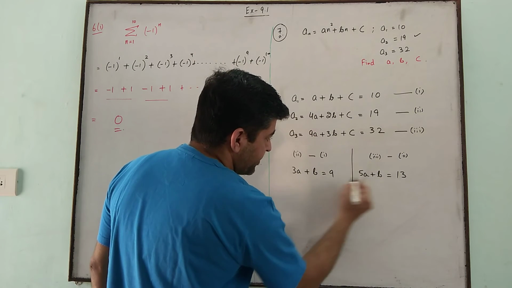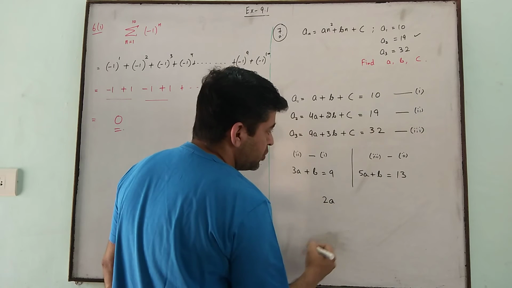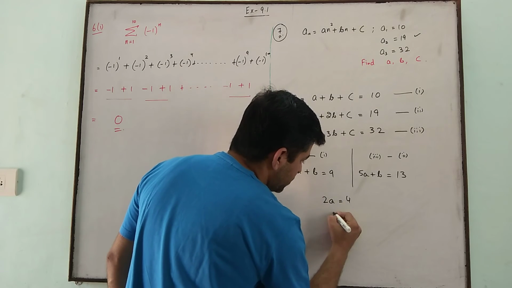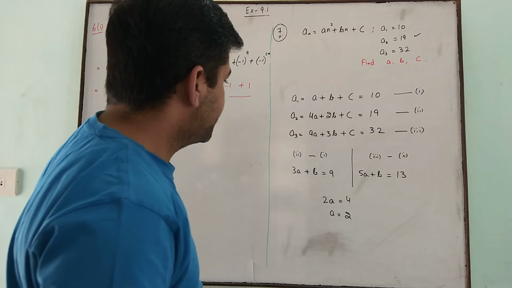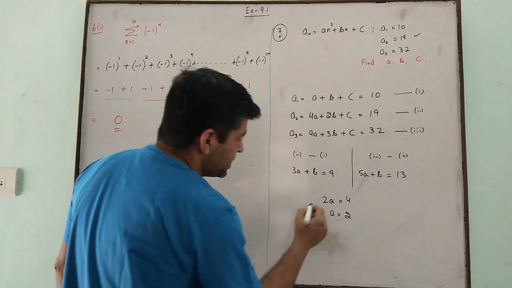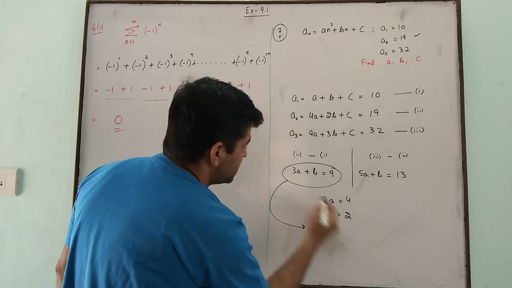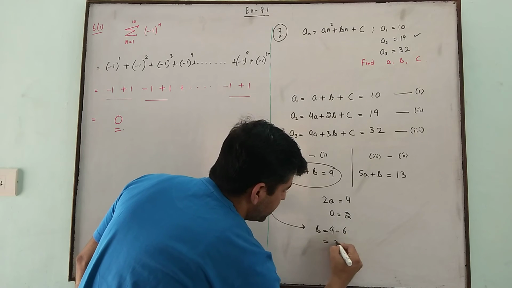If we take these two, this minus this, we will get 2A, B and B will be cancelled out, is 4. So you got A is equal to 2. If you put A is equal to 2 in this equation, then your B will be 3.